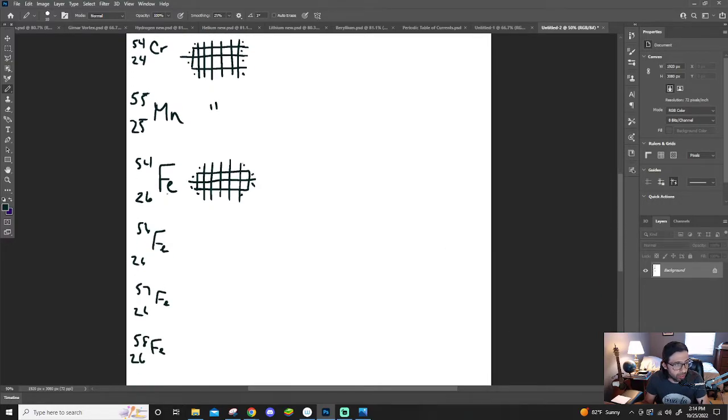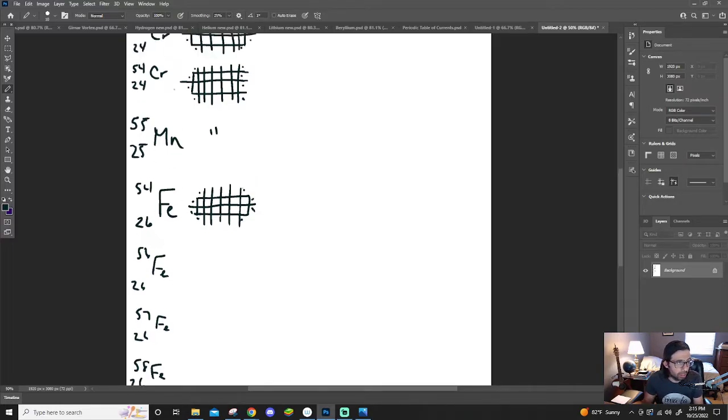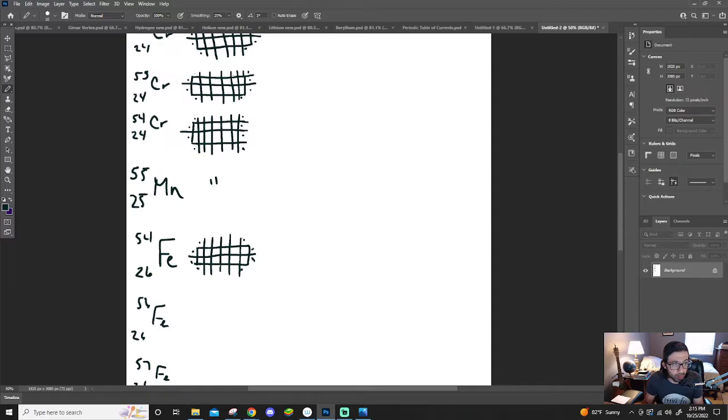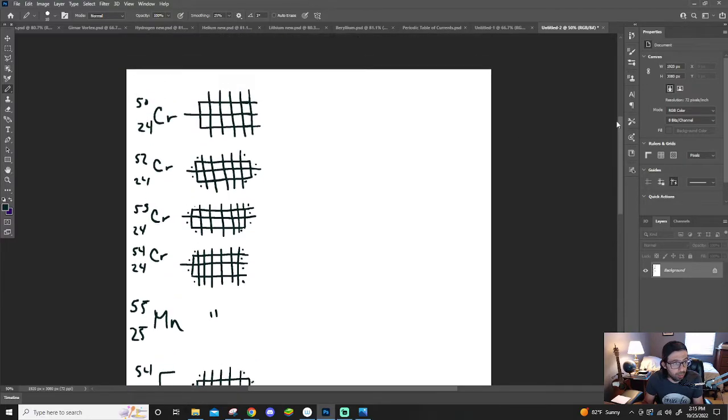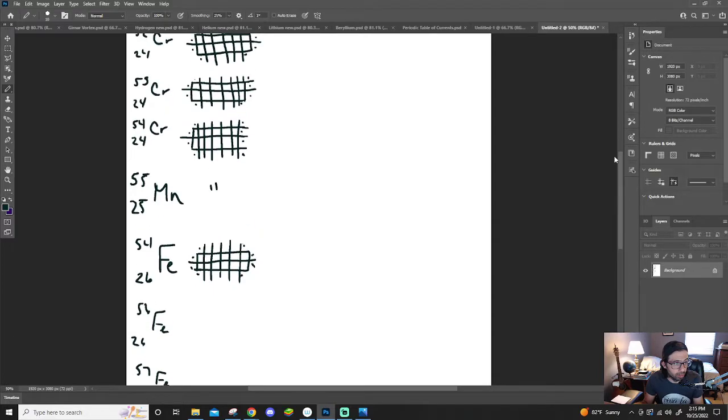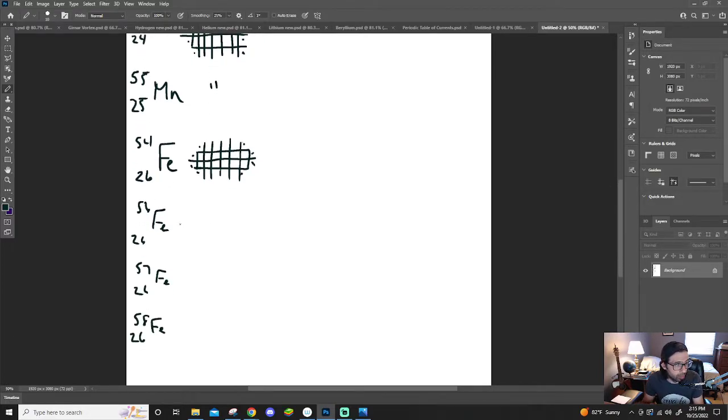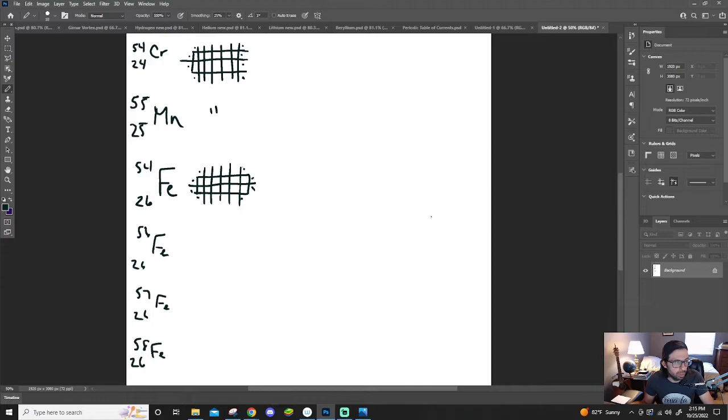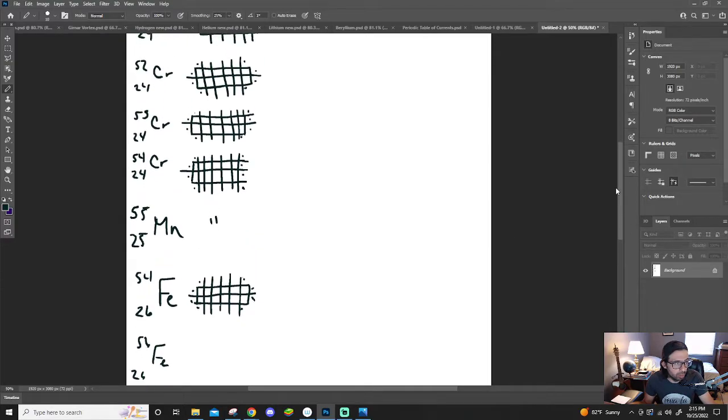Okay. Interestingly, it skips over 55 again. It doesn't like this structure. Chromium was able to stabilize in it for some reason, but other atoms are not able to. At this point, I'm just gonna put repeat of the same structure as chromium 54.